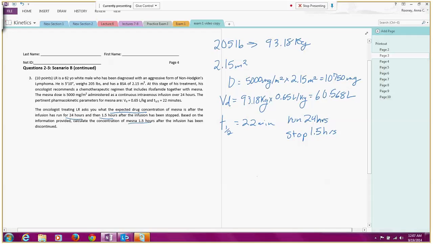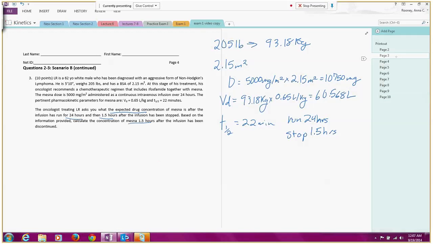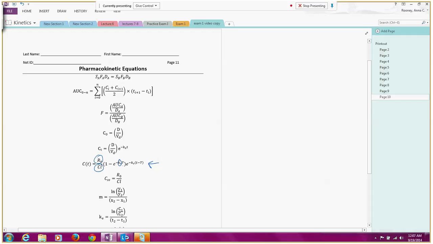We stop after 1.5 hours after this. So the equation that we're going to use to find this is this one right here. We have to find the rate and the clearance. We do not have the KE, so we have to find the KE. We know the time is equal to 24.